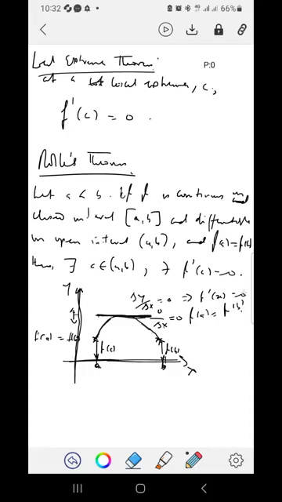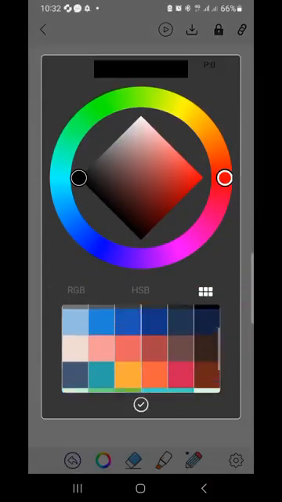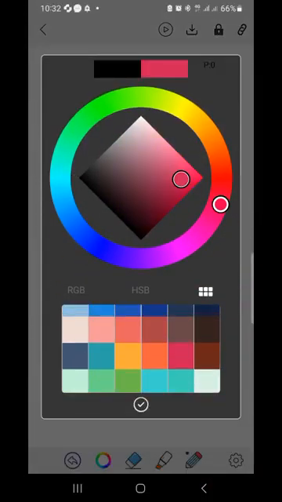But as simple as it might seem, the proof is not that straightforward. Now I've cleared my screen and I want to start the proof of the mean value theorem. The proof is divided into three parts.